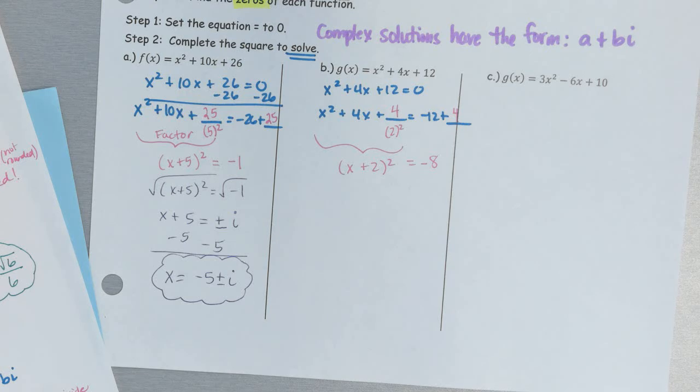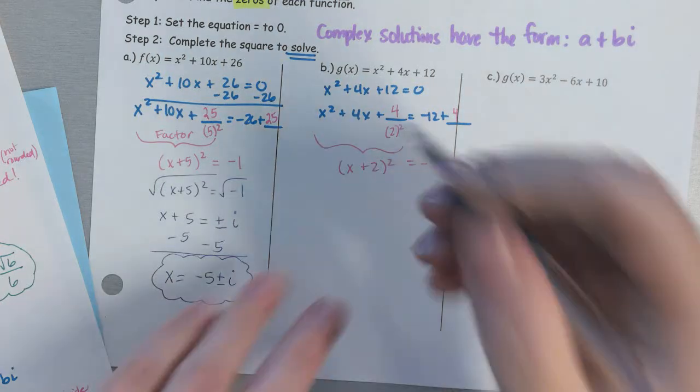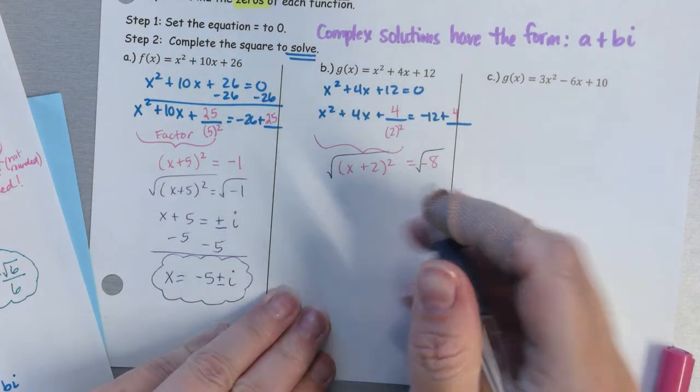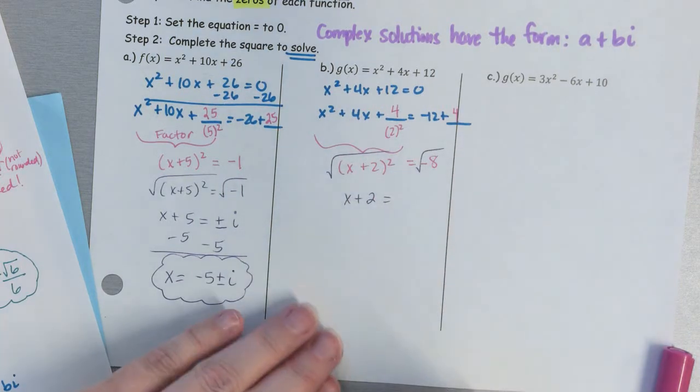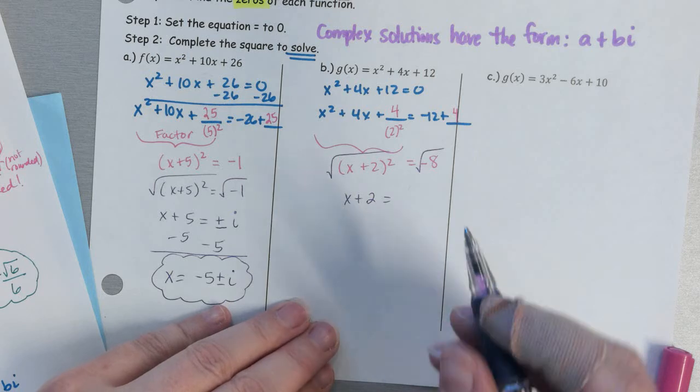Okay, so Cooper, what did you do here? Good. All right, and then you have x plus 2 equals, tell me what you put on this side.